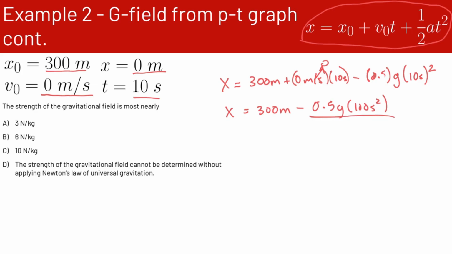Okay, so I'm going to move this whole thing to the right side and do the multiplication. So we have 50 seconds squared, so that's 100 times 0.5, is equal to 300 meters.